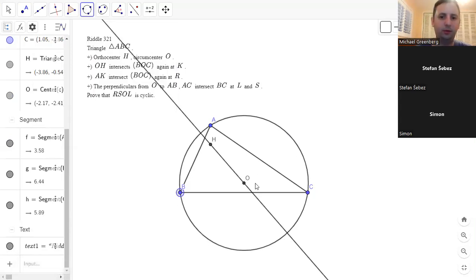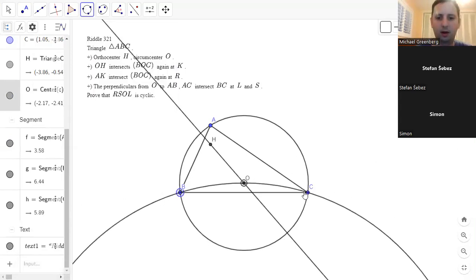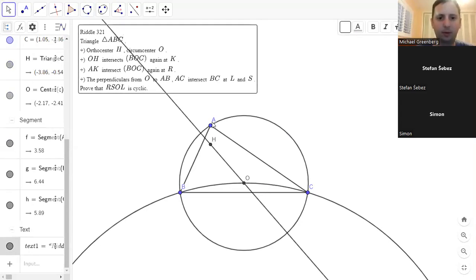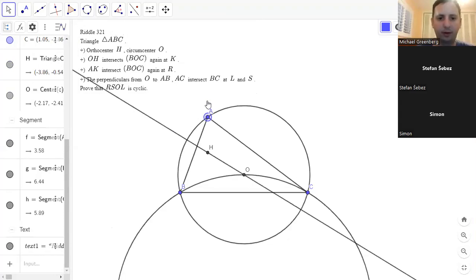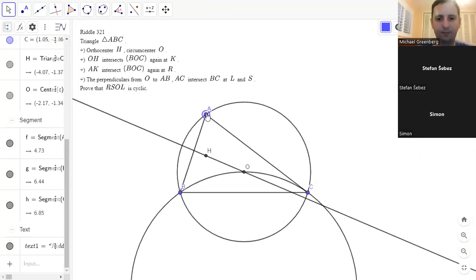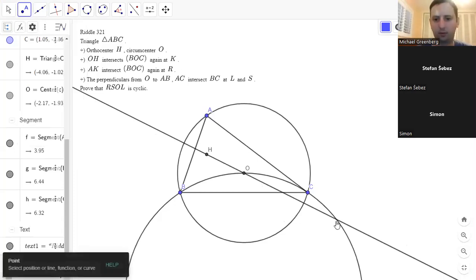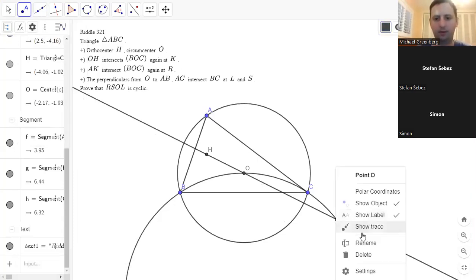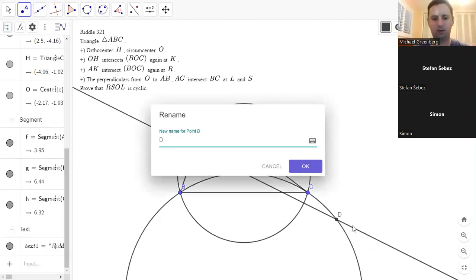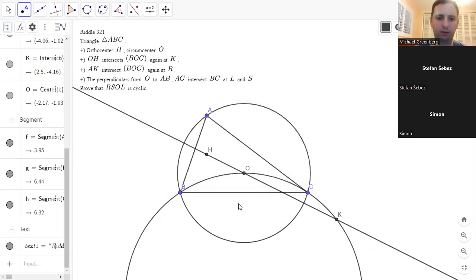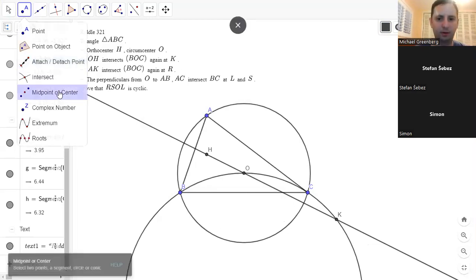So BOC intersects AO at the Dumpty point, right? So we'll call this K. And basically, if you draw the center of the circle, it's tangent to, yeah, let me just draw the center of it.